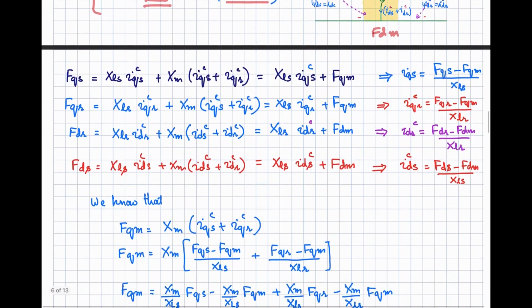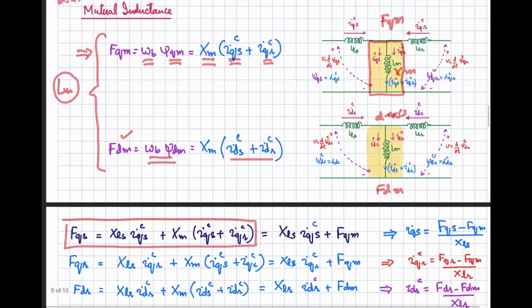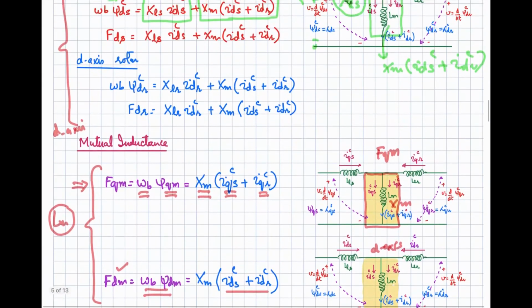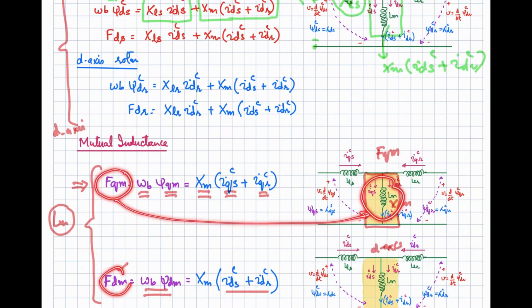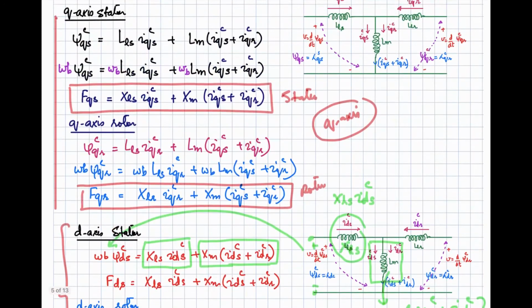Now from these equations, the FQS equation that we have seen above, if I simplify this one, I can use the terms FQM and FDM, because this is basically the voltage across this, and FDM is the voltage across this branch. In these equations, what is this? This is basically FQM.